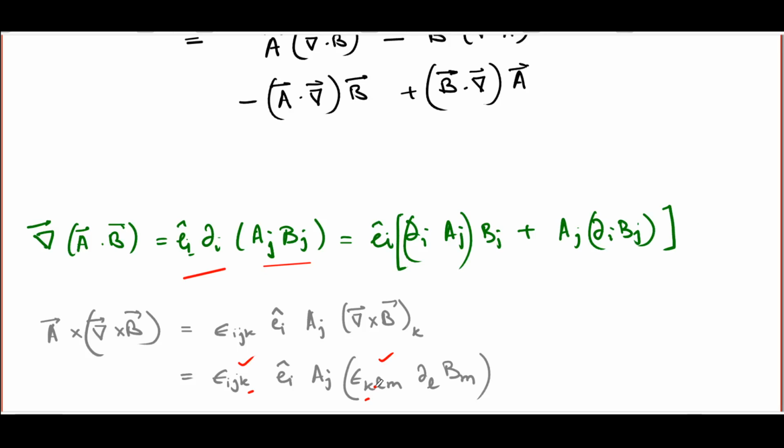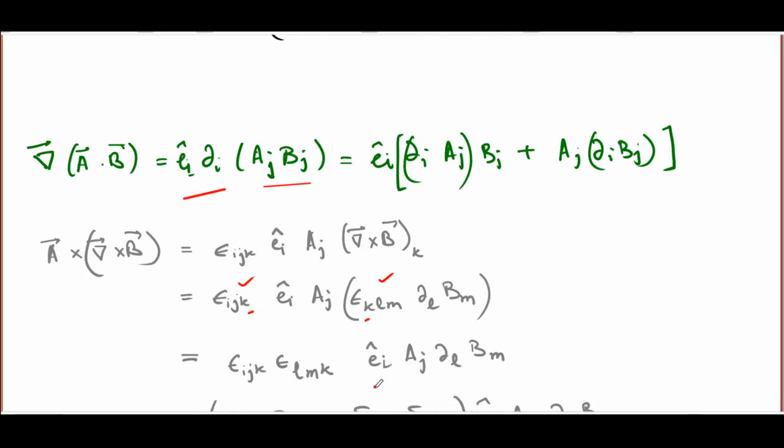Of course, once again, what we need to do is move the k indices so that they sit in the same position in the two epsilons. So I rewrite this as epsilon ijk. This stays as it is, but this one becomes epsilon lmk. So now the dummy index is sitting at the last position on both the epsilon symbols. The rest is as it is, ai, ei, aj, del l, bm.